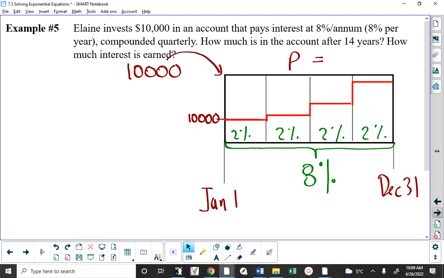Okay. So when you look at Elaine's investment, if you only focus on this, this is a lie. She's not going to get 8% per year. She isn't. In terms of real money, it's not going to work out to 8%. And we'll see what it's going to work out to a little bit later. Okay. So what is P here? Well, P here is 0.25 years, a quarter of a year.